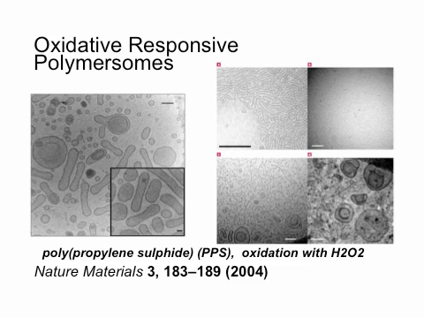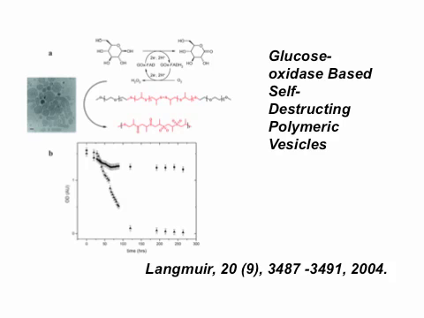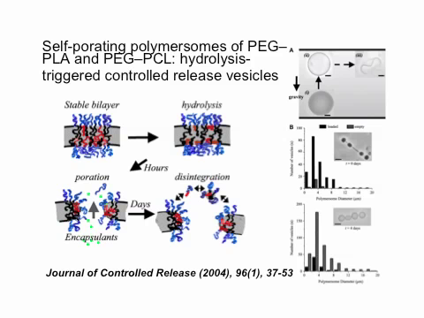So you can get triggered release. This is actually the same example, but they trigger it here with glucose. You have these sulfides in the backbone that you oxidize, which makes the backbone more hydrophilic, which would rupture the vesicular structure. And you get, in this case, nice glucose-based self-destruction.